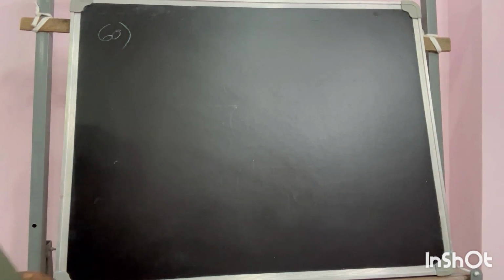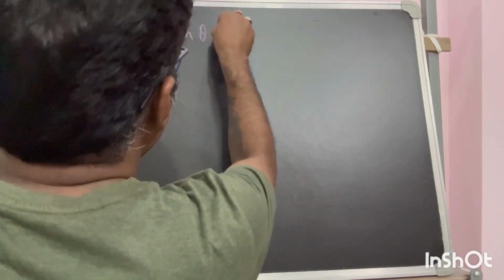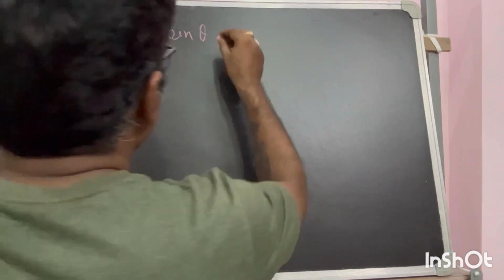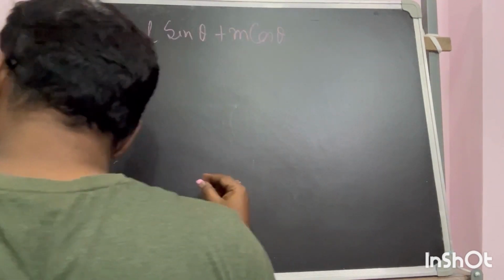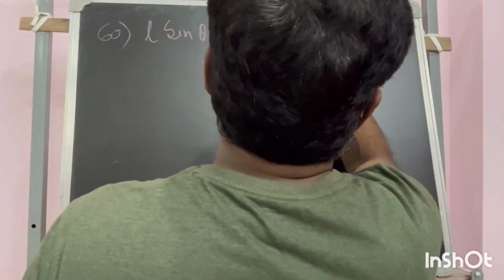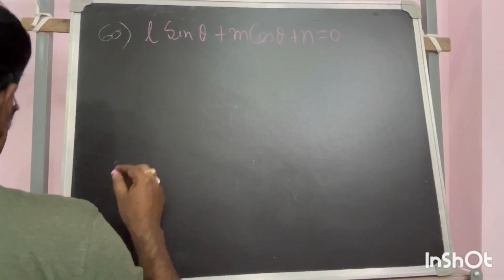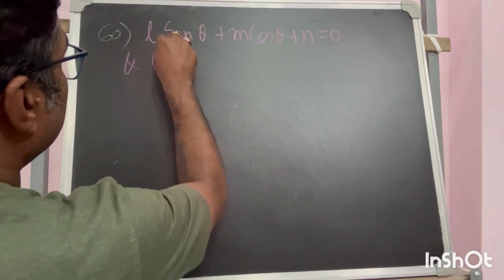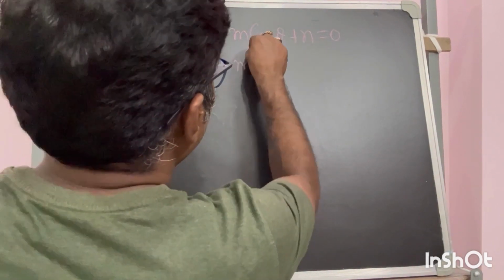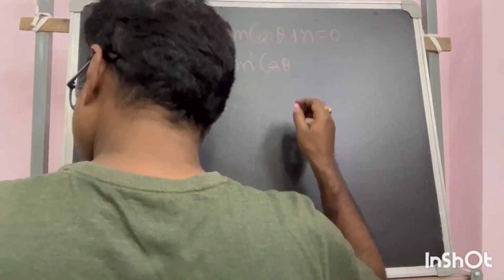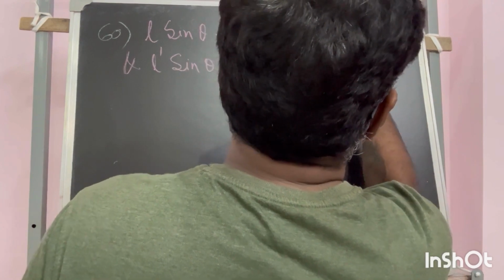Problem 60 says: L sin theta plus M cos theta plus N is equal to 0, and L dash sin theta plus M dash cos theta plus N dash is equal to 0.